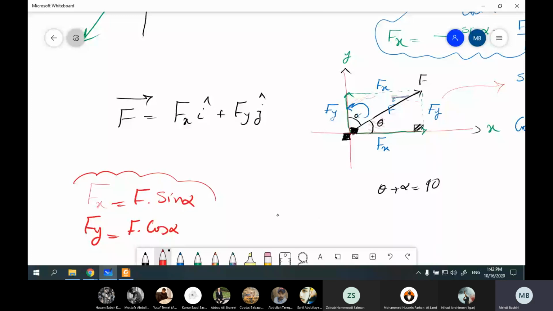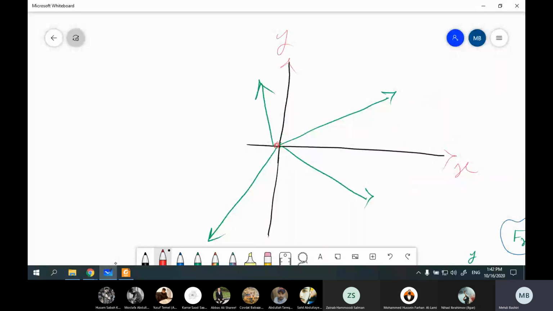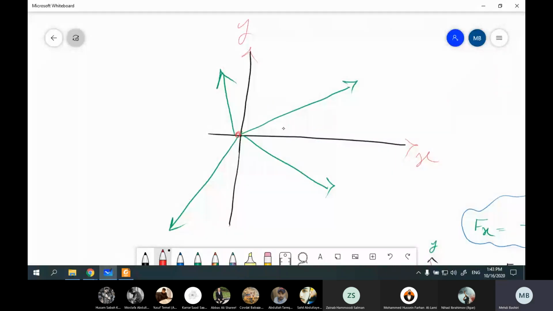Why should we know this process? In more complicated cases like this, when we have more than two forces, as I said, using the previous methods may not be applicable. So in these cases, if I want to find the final summation of this system, I need to find the component of each force like this.